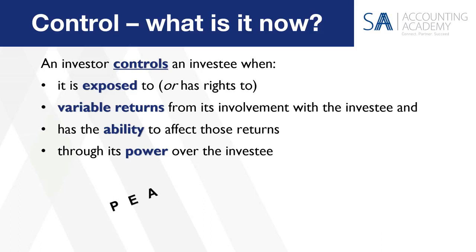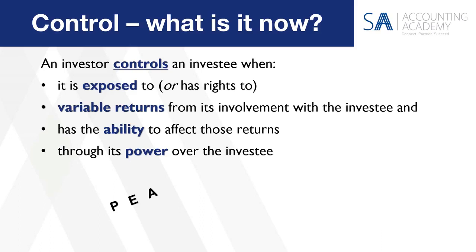Then the party assessing control needs to establish its power over the investee, and it doesn't end there. It then goes one step further: you have to have the ability to use your power to actually affect those variable returns. If the returns are not variable, your ability and your power effectively mean nothing and do not give you control.